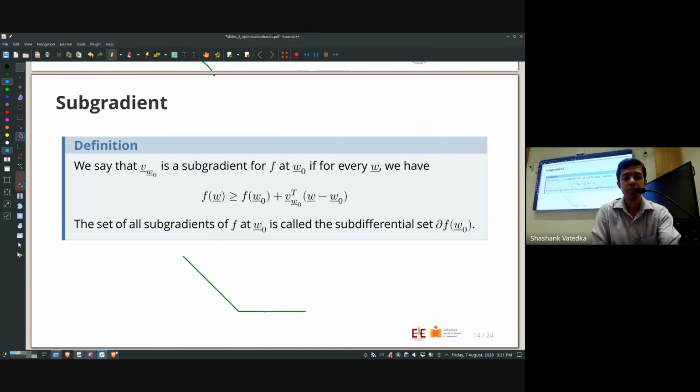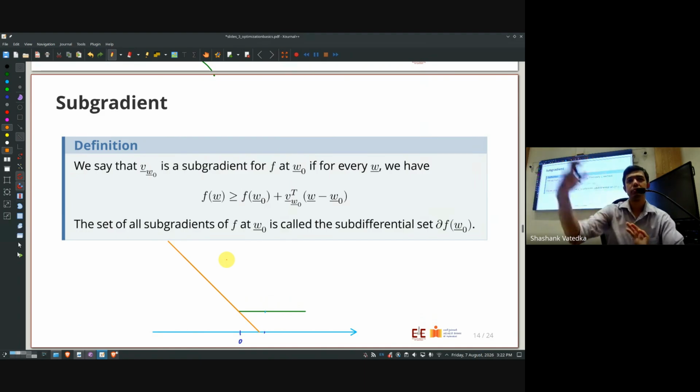If you take any point which is greater than 0, so this is 0, if you take any point here, then yes, you could construct a line that passes through this particular point so that the function is above this line. Similarly, if you take any point less than 0, then again I can construct a line such that the function is never below the line.